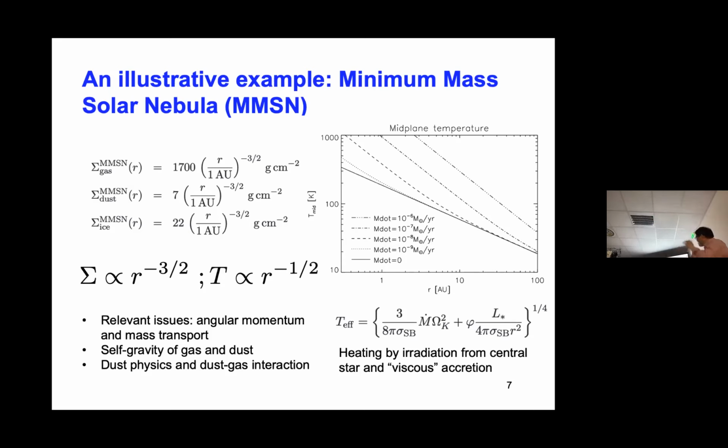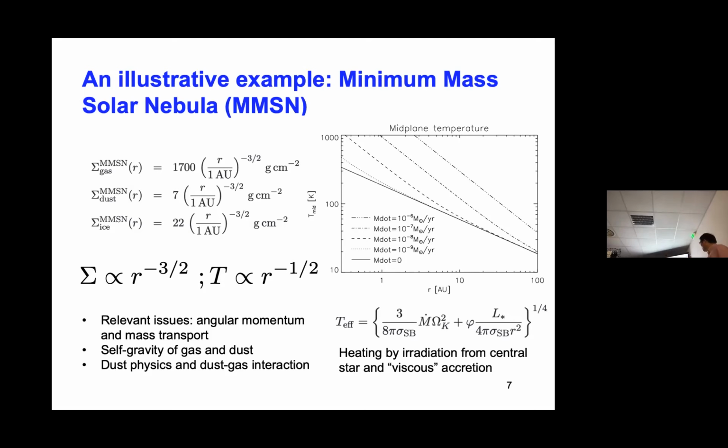So you work through all those requirements, and you actually come out with something like the surface density. Because the disk is thin, instead of doing volume density, you can integrate over the height to get the surface density. Usually it goes like radius to the -3/2, and the temperature, through fairly elaborate modeling, you can get R to the -1/2.